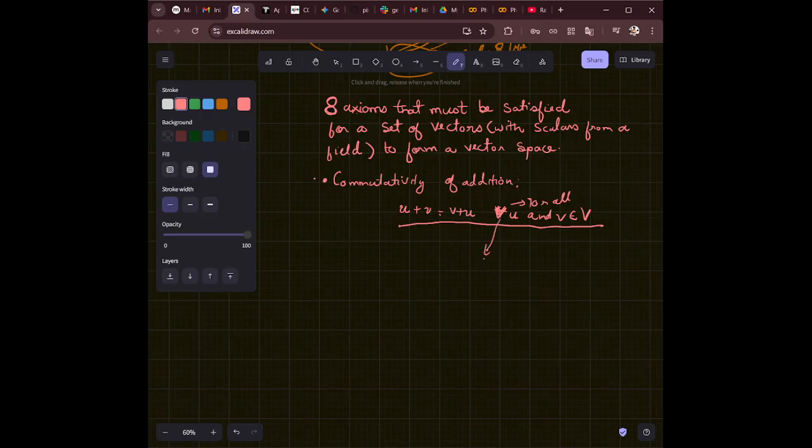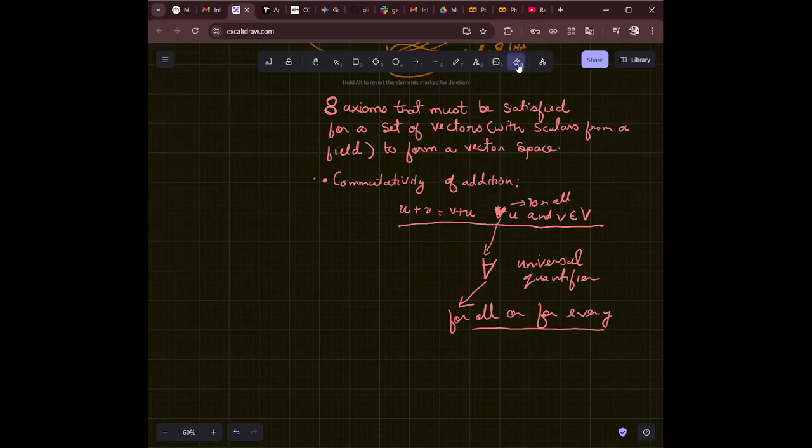This is called the universal quantifier, which represents for all or for every, and is used to say that it stands for all or every element in a given set.